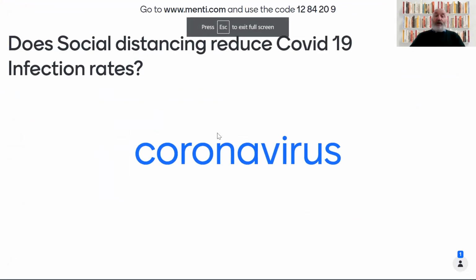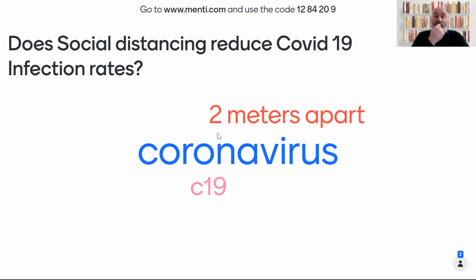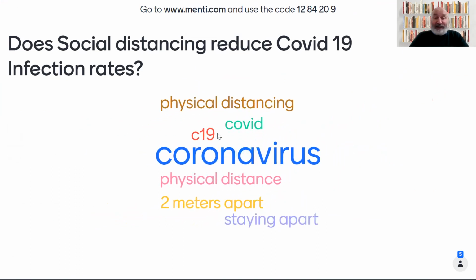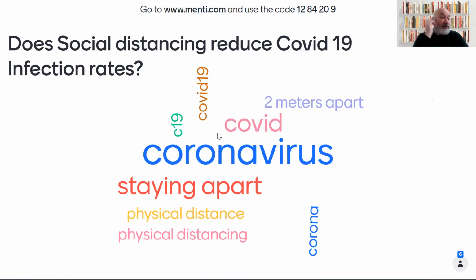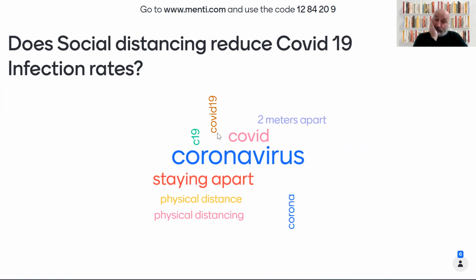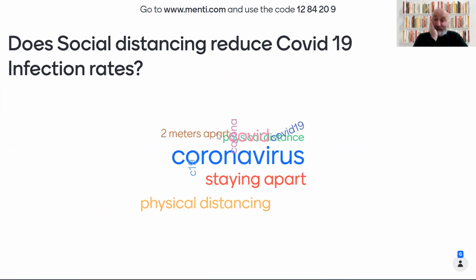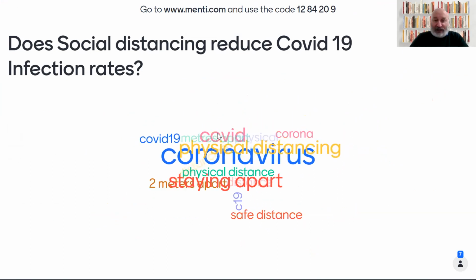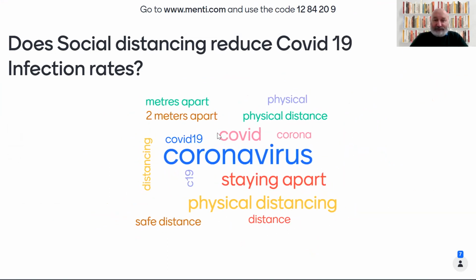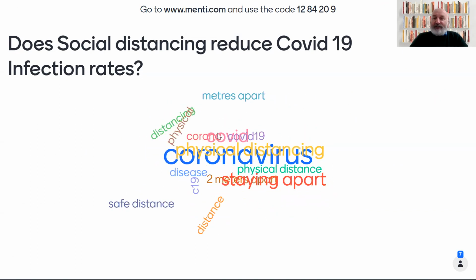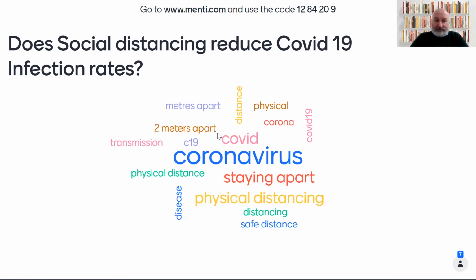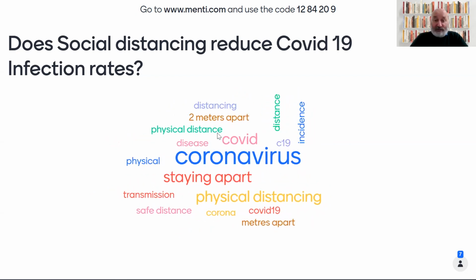So the first one is up already. COVID-19 is also coronavirus, C19, 2 meters apart, physical distancing, staying apart, thank you. COVID-19 is one word, corona, safe distance. And if you can think of anything for infection rates as well. Transmission, thank you.